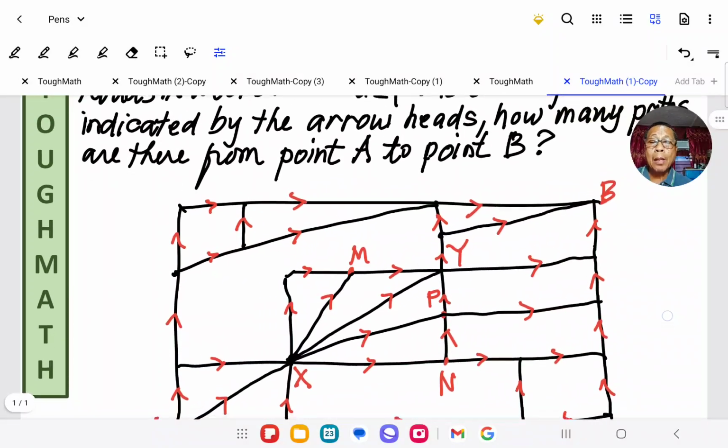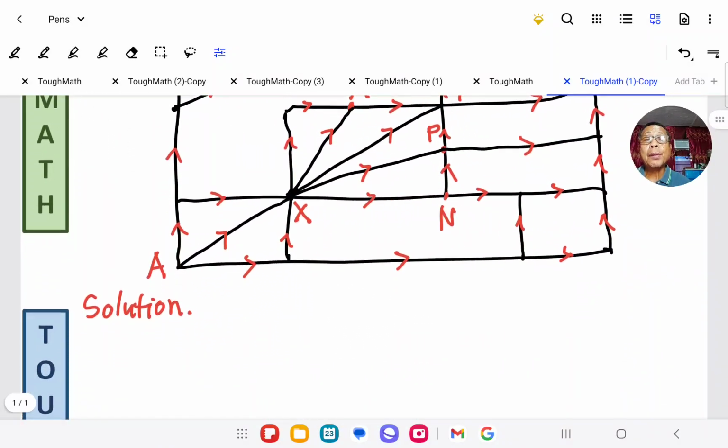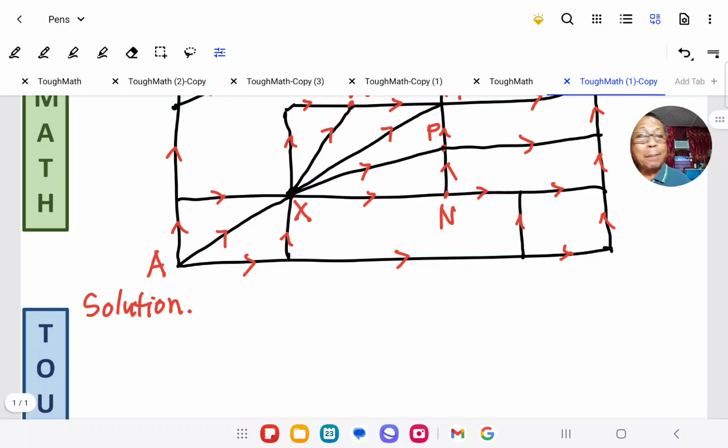Okay, so we apply here two principles from combinatorics, which are the addition and multiplication principles.